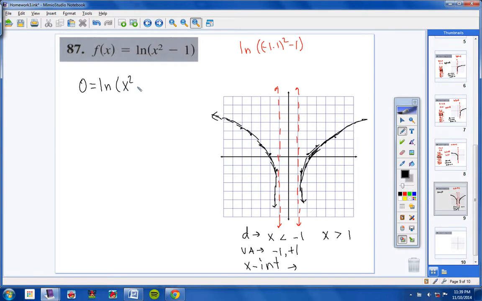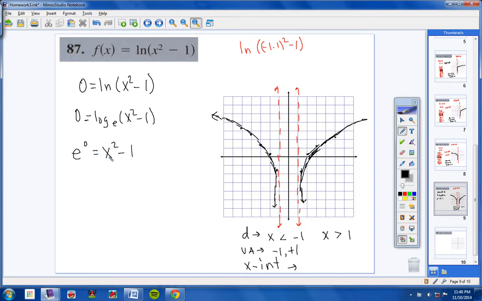Now remember, students, a natural log is base e, so log base e of x squared minus 1, and then let's write this exponentially. So bring the e over. It'd be e to the 0 power equals x squared minus 1.